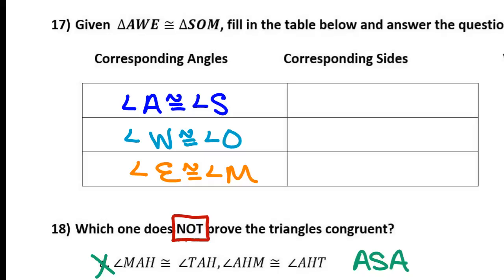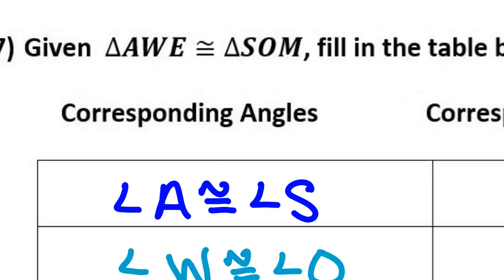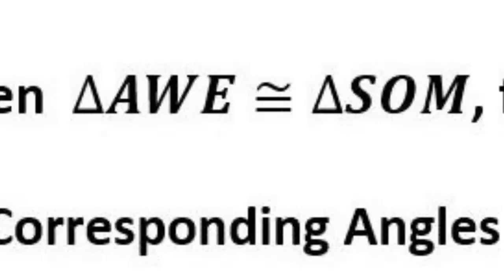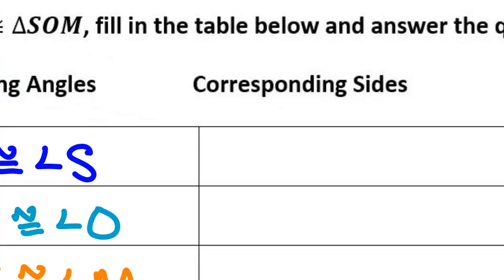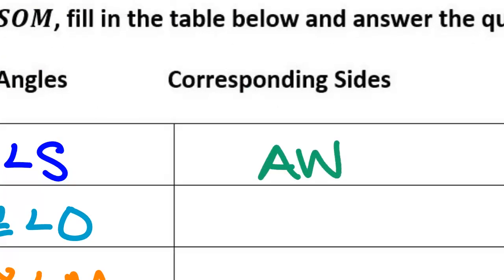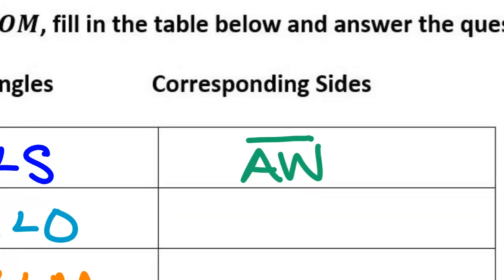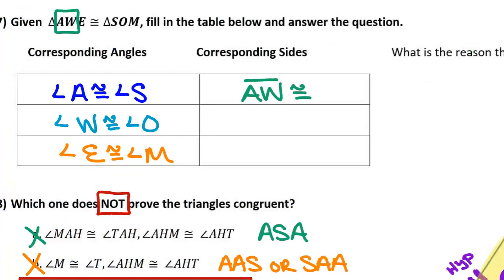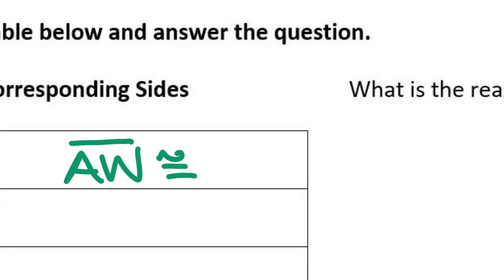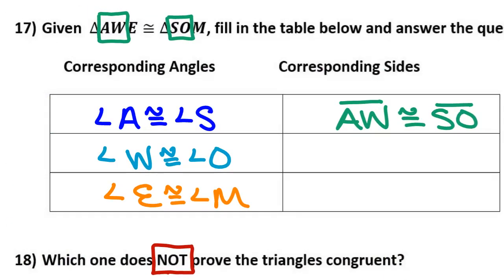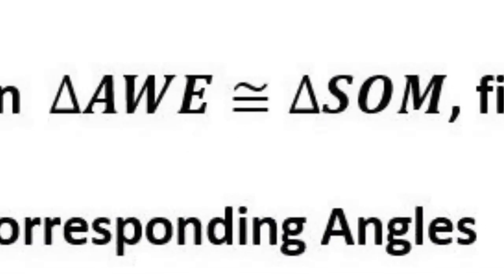For my sides, we have to do 2 letters. So I still need to be looking at position. So first 2 letters on the first triangle name would be AW, and I'm going to put a segment notation over the top, is congruent to, and then I want the first 2 letters over here, which would be SO. So AW is congruent to SO. What's another pair of sides that I could match up?